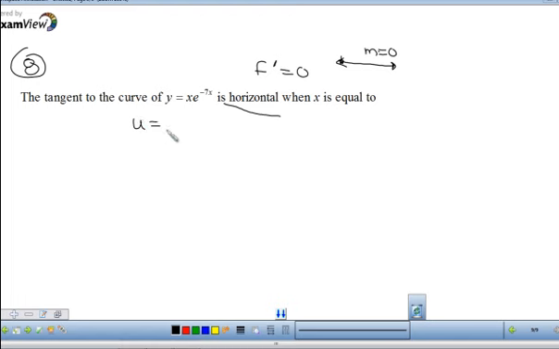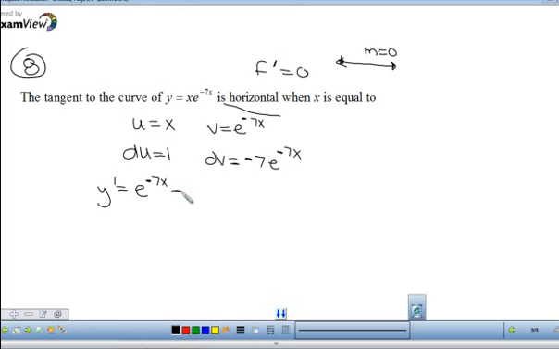Okay, since I have a product, I'm going to have to use the product rule. So the derivative of u is 1. The derivative of v is e to the u times the derivative of u, which is negative 7. So my derivative is going to be the derivative of u times v plus the derivative of v times u. Okay, so we're going to set that equal to 0.